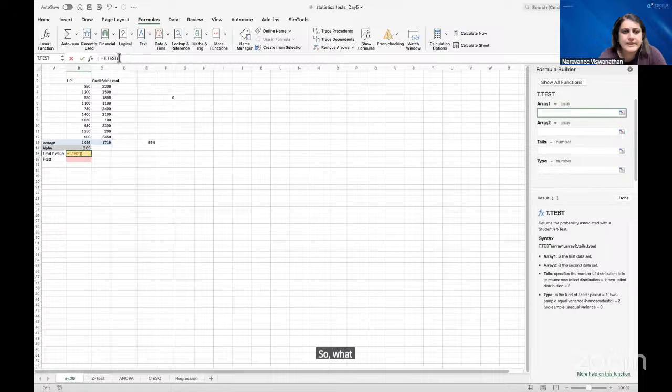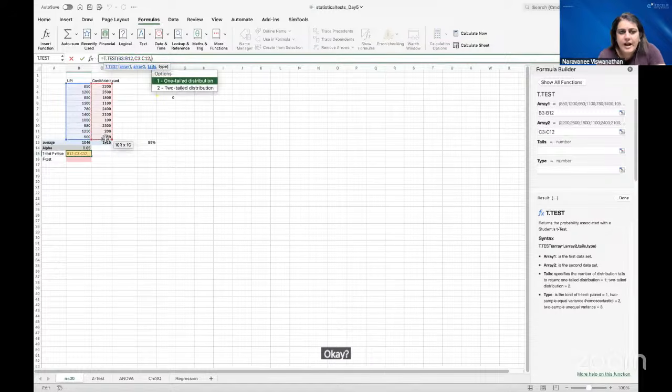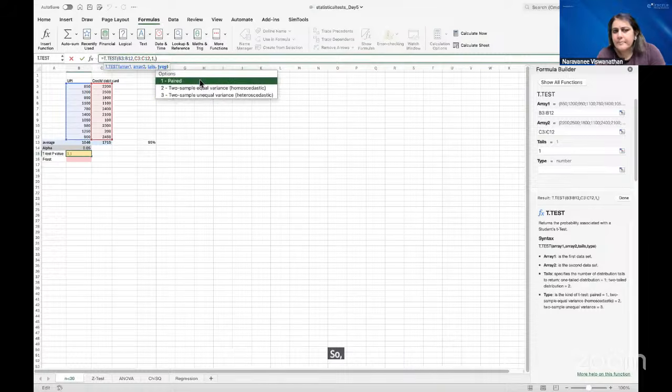So what is this t-test actually going to tell you? You select this array, then you select this array. Then are we going to do a one-tailed? Yes, we are going to do a one-tailed distribution. So are they paired or not paired?